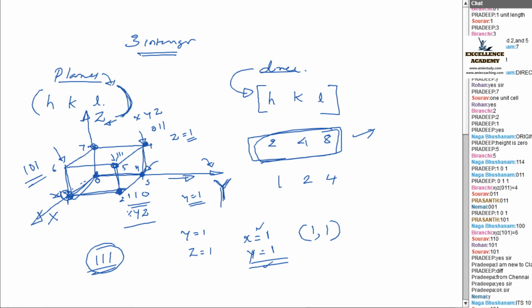Next, this is the x-axis, this is the y-axis. I take an angle of 45 degrees.